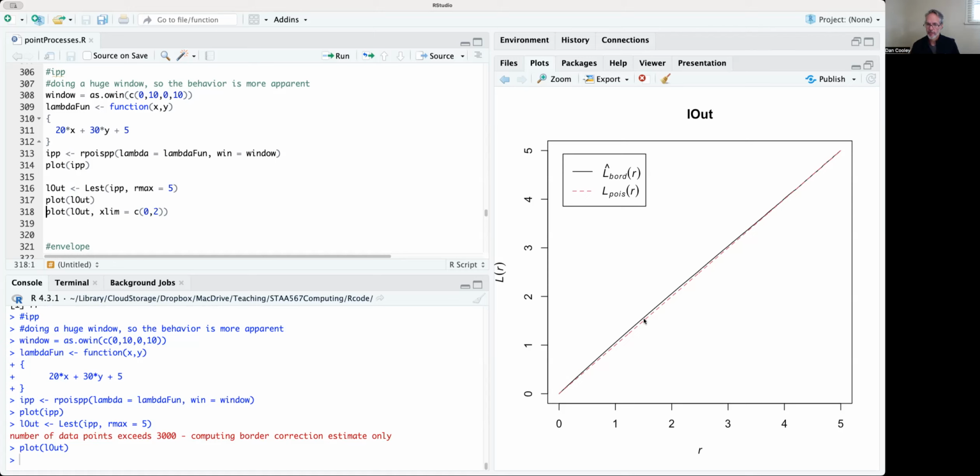The L function for an inhomogeneous Poisson process isn't always going to behave this way. But with a slowly varying trend like we have in this particular example, it's analogous in a way to having a trend surface for a geostatistical process.